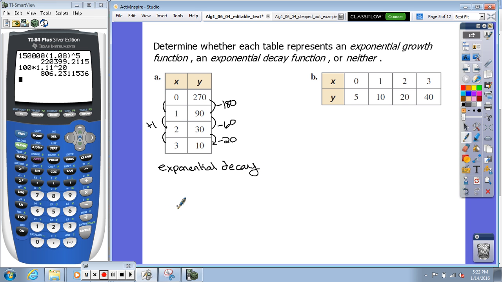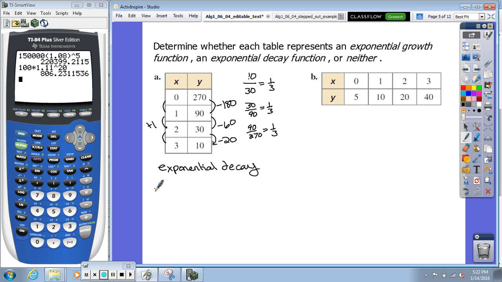Now, we need to justify our answer. So we don't just want to leave it like this. We want to find how it changed. So take each of the numbers. I start at the bottom and I work my way up. 10 divided by 30 is 1/3. 30 divided by 90 is 1/3. And 90 divided by 270 is 1/3.